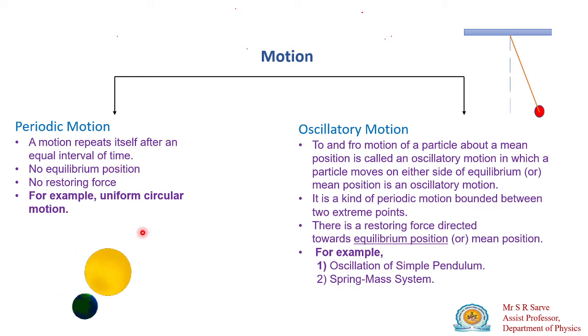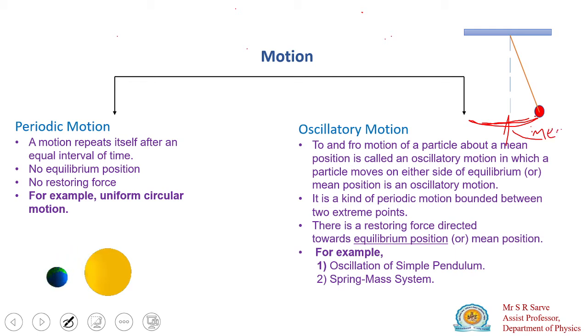Next is oscillatory motion. Oscillatory motion means the particle is performing to and fro motion about a mean position. Here it is a pendulum. If I apply an external force on this pendulum, then this pendulum will perform oscillation in this way about this position. This position is known as the mean position or equilibrium position.